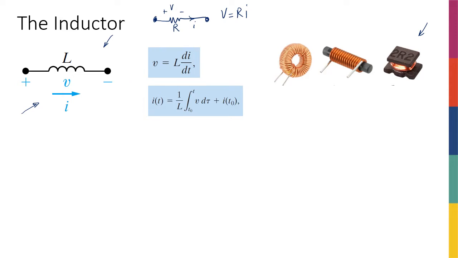Now, knowing that I have V equal to L di dt, I can make two very important observations about the behavior of an inductor, right? The first observation is that V is equal to di over dt. So it is related to the variations of I, not the I itself. What does it mean? So if I is constant, then what do you think is going to happen to V?